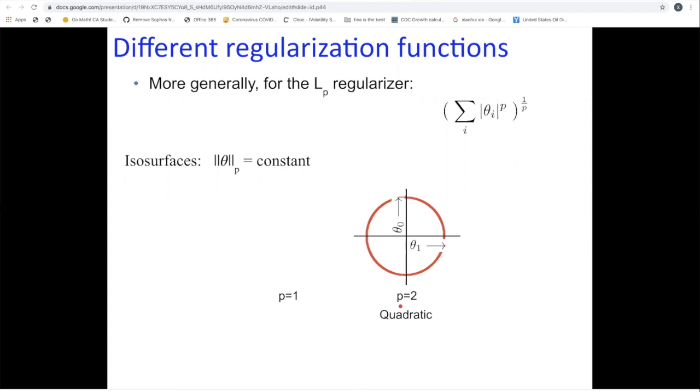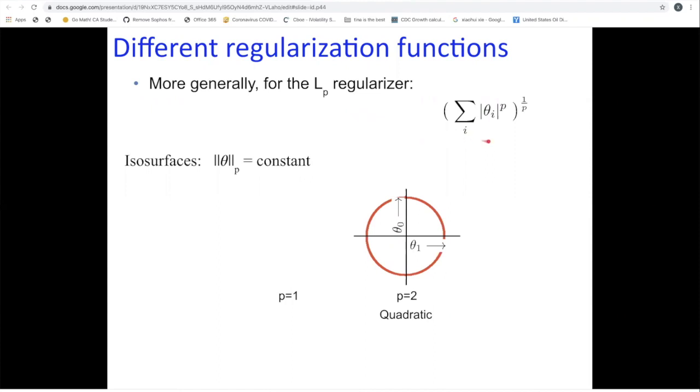Most commonly, the choice of regularization function is something called an LP norm. I don't know if you remember from your linear algebra class, the norms of a vector can be defined in multiple ways. The most common one is this L2 norm, the Euclidean norm, which we just talked about here. But there are many other types of norm. In general, there's something called an LP norm.